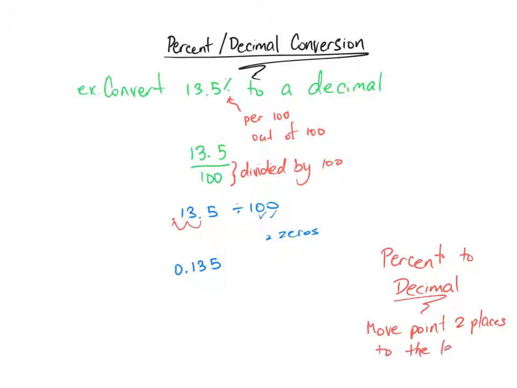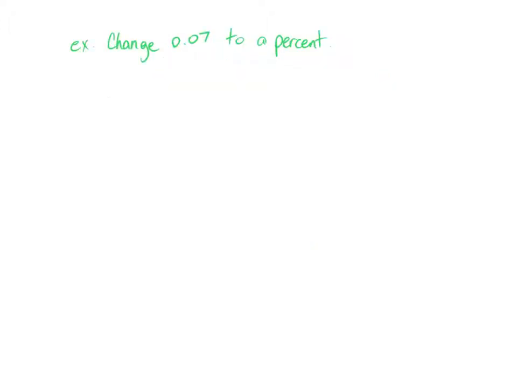All right, so let's try an example where we're going to have to convert from a decimal to a percent. You may recall, we just did it a second ago. When we converted a percent to a decimal, we had to divide by 100.